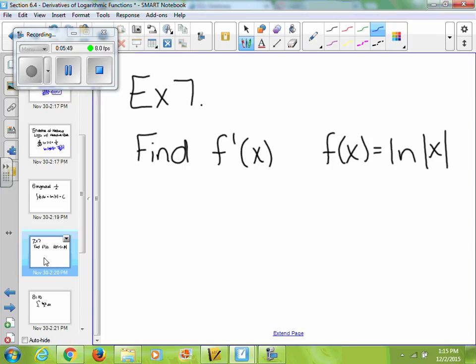Example 7 asks us to find f prime of x when f of x is equal to natural log of x.